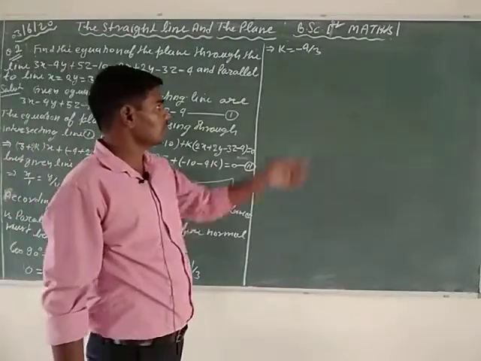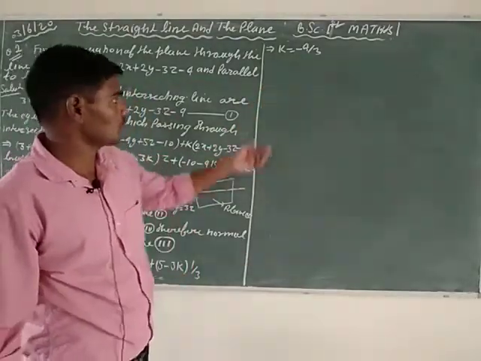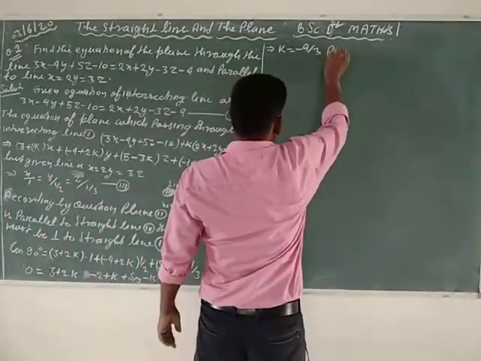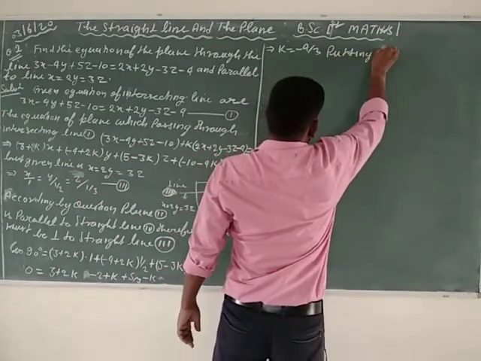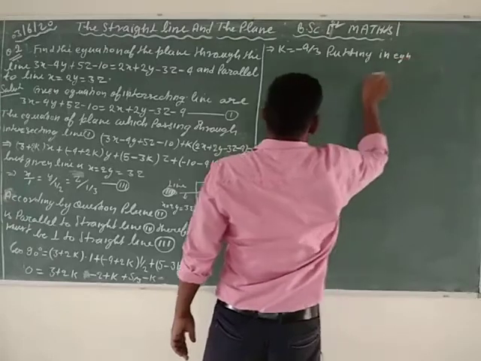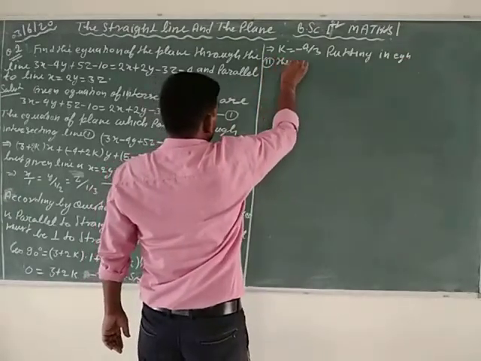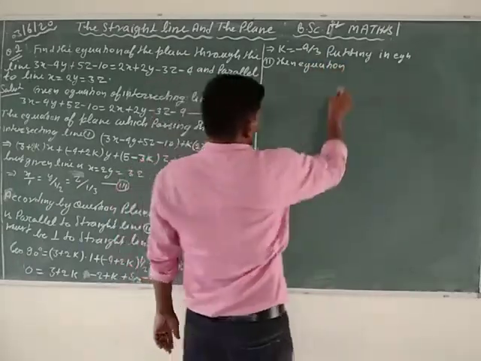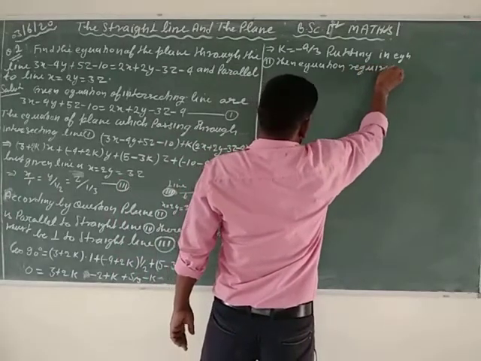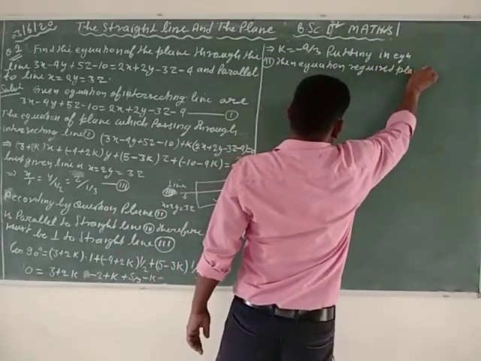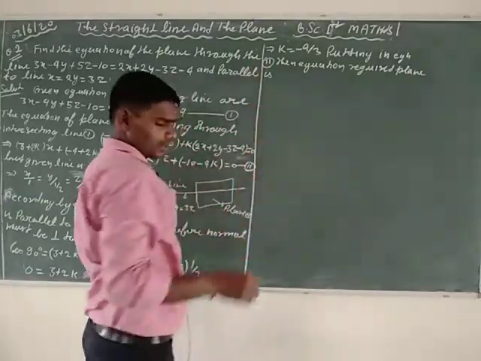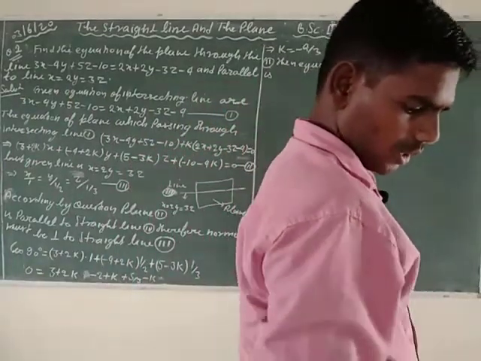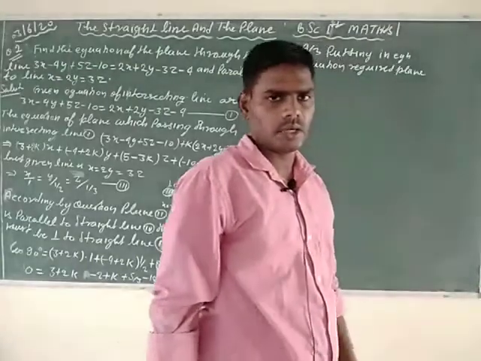After this, putting the value of k, k is equal to minus 4 by 3, in equation second, gives the equation of the required plane, the plane which is asked in the question.